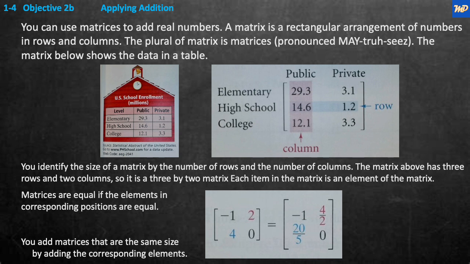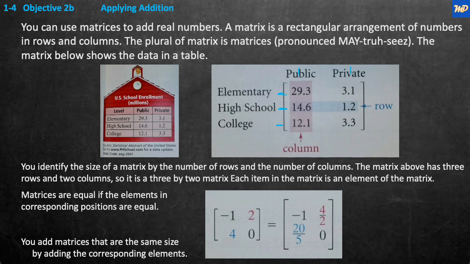So here's a matrix, and the matrix shows 3 entries vertically and 2 entries horizontally, and these are rows. So we have one row for elementary, a row for high school, and a row for college. And then columns: public is a column and private is a column.